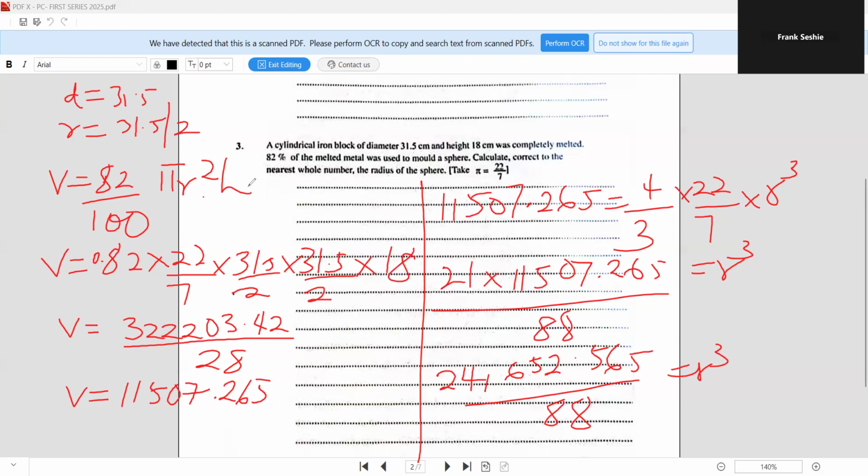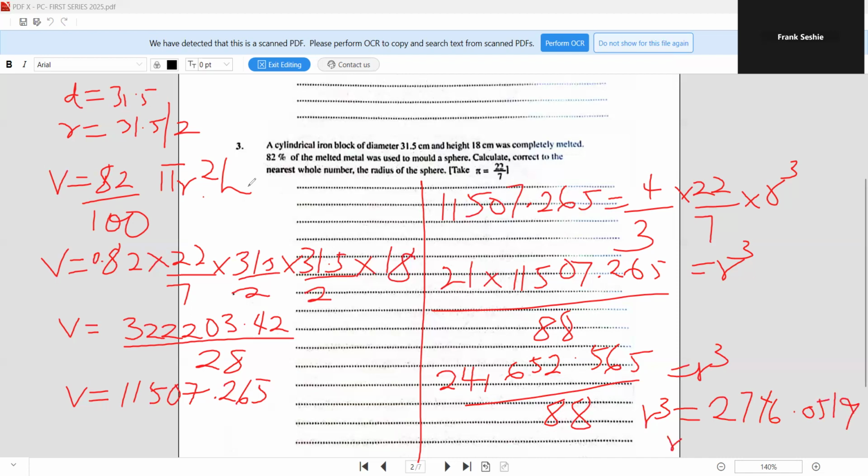So now if I divide that particular answer by 88, I'm having r cubed to be 2746.0519.